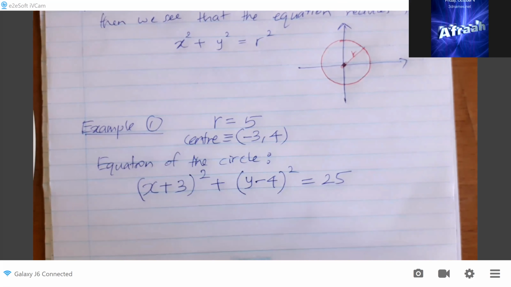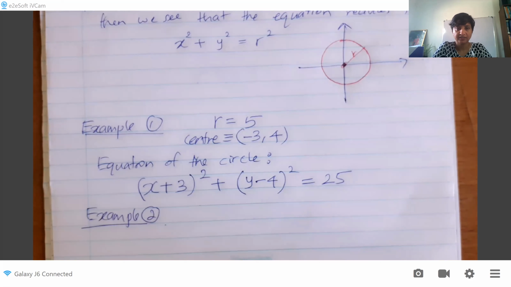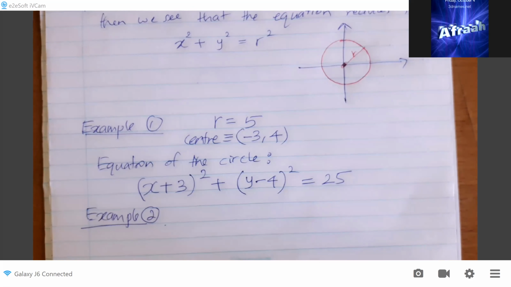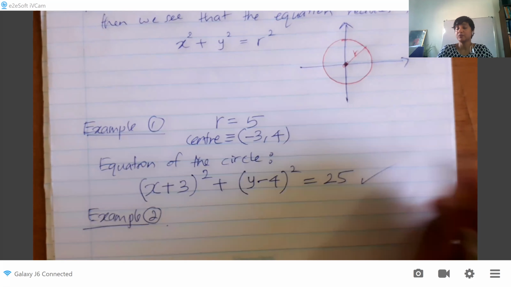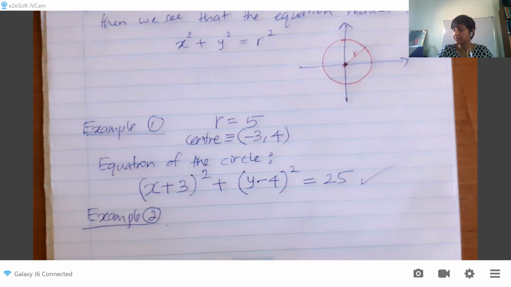Example 2, another example. The equation of a circle. Miss, there's no need to simplify further. No, you don't have to, you can simplify it if you want. The next form, which is the standard form, is when you simplify everything and bring everything to one side.